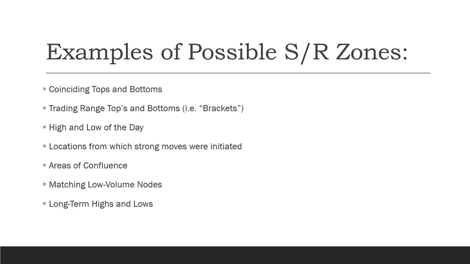Those are often important. Areas of confluence, when you get a number of things matching up, like low volume nodes on the volume profile with the POC of another day. If you're not familiar with these terms, they come from the volume profile.